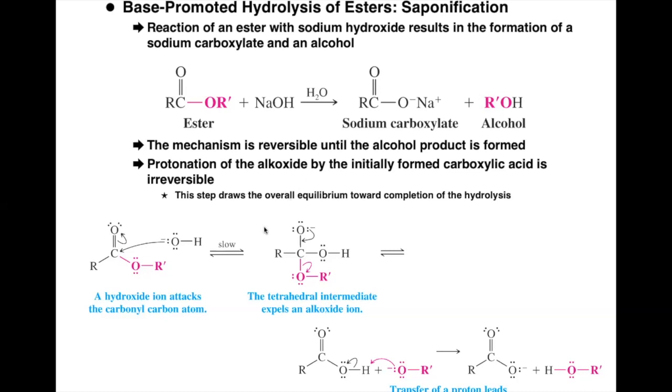So anong first step dito? This is simply a nucleophilic attack of the hydroxide from the base, sodium hydroxide or potassium hydroxide. So direct nucleophilic attack on the carbonyl carbon, the double bond becomes a lone pair, okay, forming your tetrahedral intermediate.